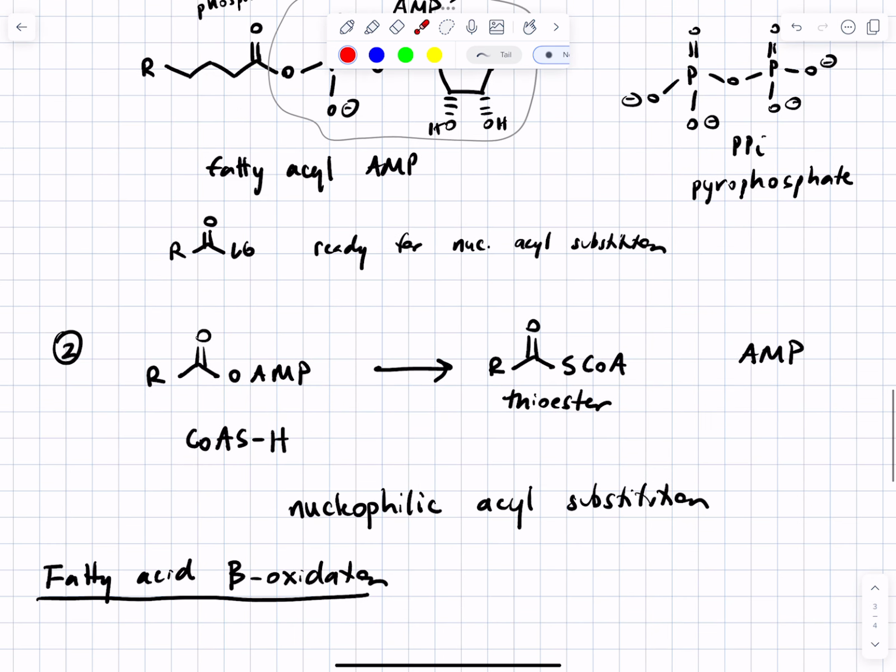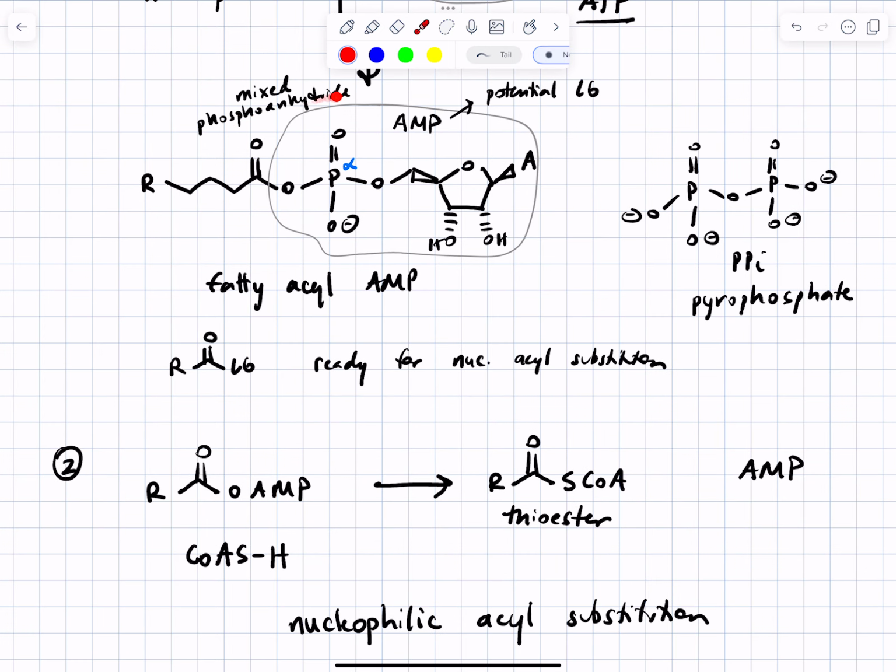Notice, though, that having that mixed phosphoanhydride bond and the good leaving group in place, it's no trouble at all to swap out one good leaving group for another, to exchange from mixed phosphoanhydride to thioester. And you'll see these kinds of patterns as we go along and look at metabolic reactions.